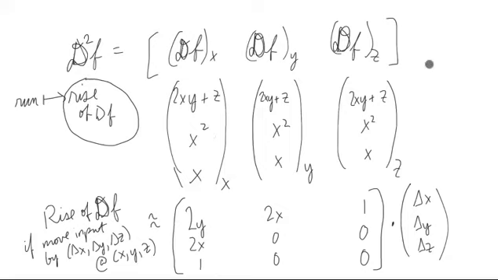So that change of whatever the entry is over change of x is actually equal to the derivative of the entry with respect to x. So we're actually looking at the partials of each entry here.